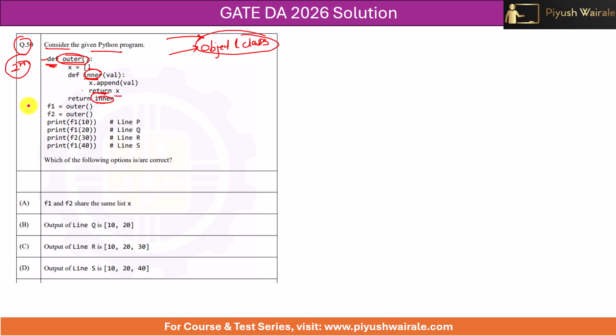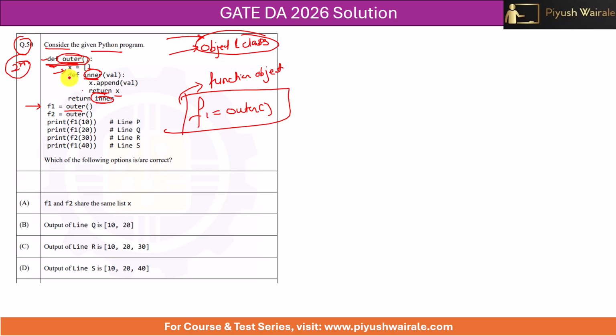Now, what we are doing here, f1 equals to outer. When I execute this one, f1 equals to outer function here, what is this? It is basically a function object, we can say. We have created this particular object. Now, what's the value of f1 here? Because when we call this particular function outer, it will execute this particular line, x equals to an empty list.